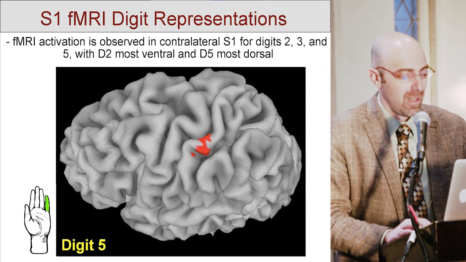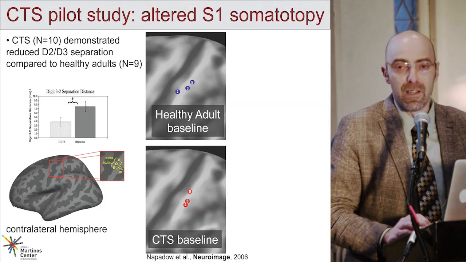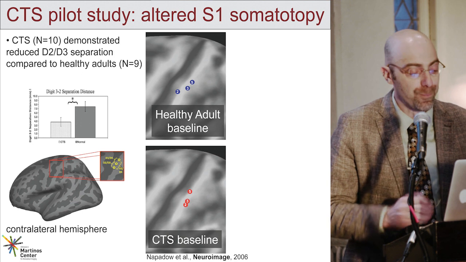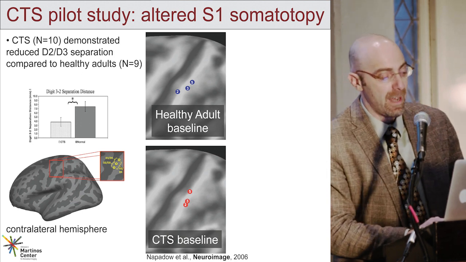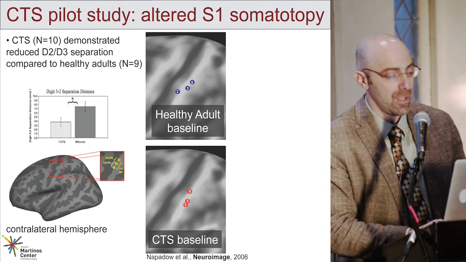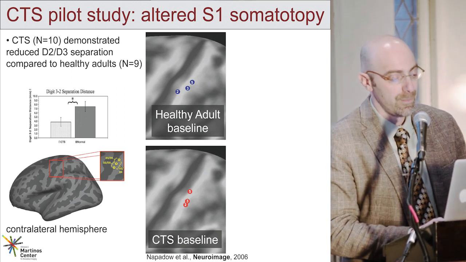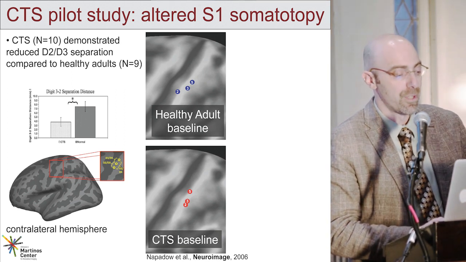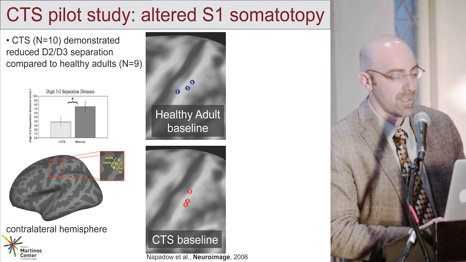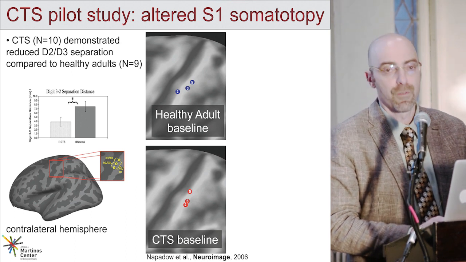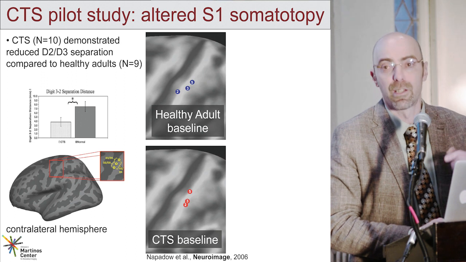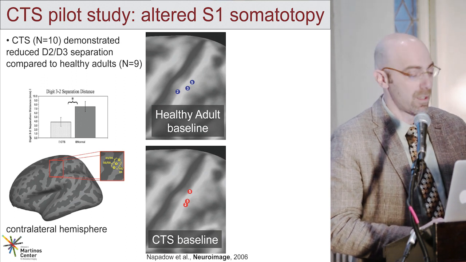This is good. So what we found in our pilot study is that as opposed to healthy adults, where they have a nice separation of digit 2 and digit 3, and then up to digit 5 in S1, so this is the postcentral gyrus, or the primary somatosensory cortex, S1, in patients suffering from carpal tunnel syndrome, there's actually a contraction of the second to the third digit.